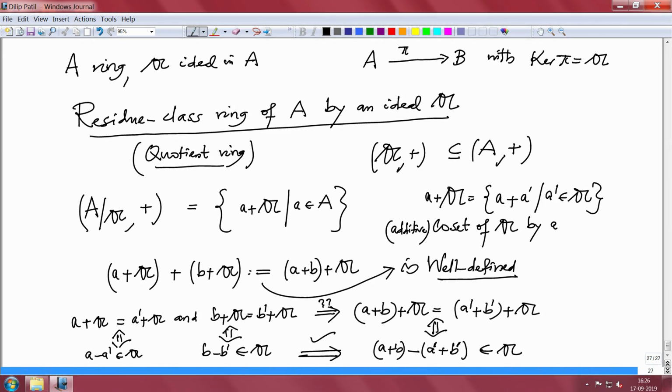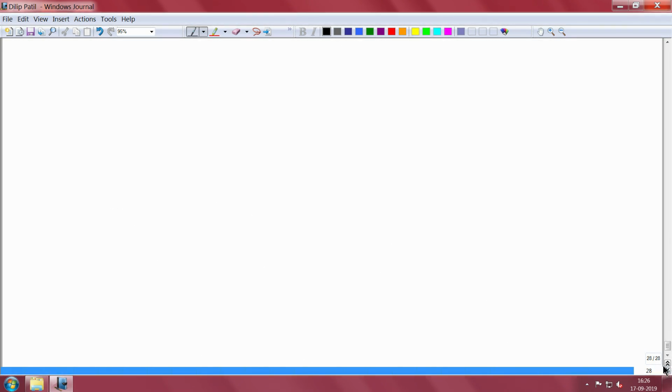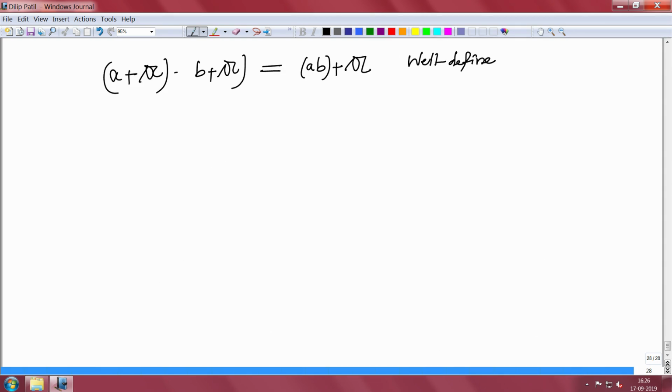Now I want to define the multiplication, and that gives a clue how to define a multiplication also. If I have one coset a + 𝔞, another is b + 𝔞, then multiply them by just writing ab + 𝔞, and now again we have to check it is well defined. I will just say check.